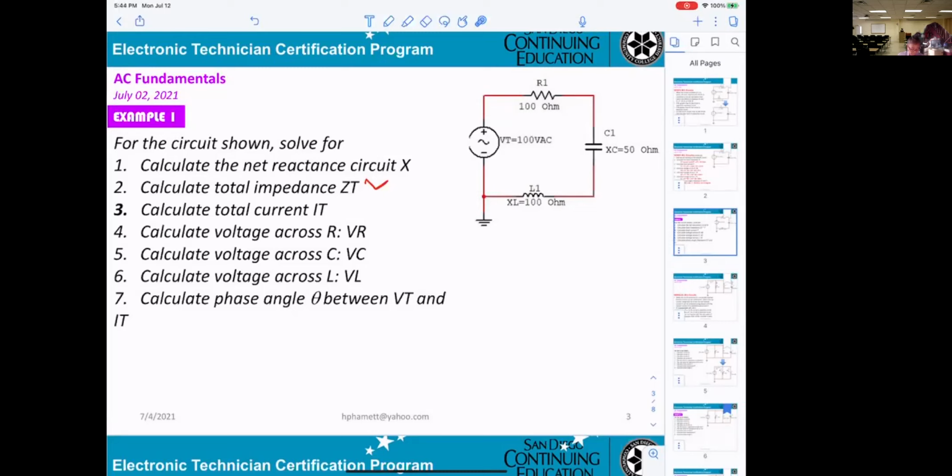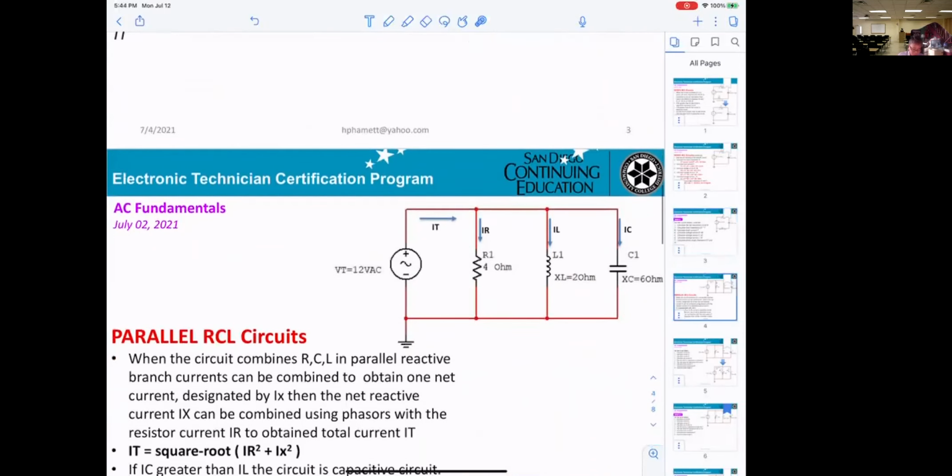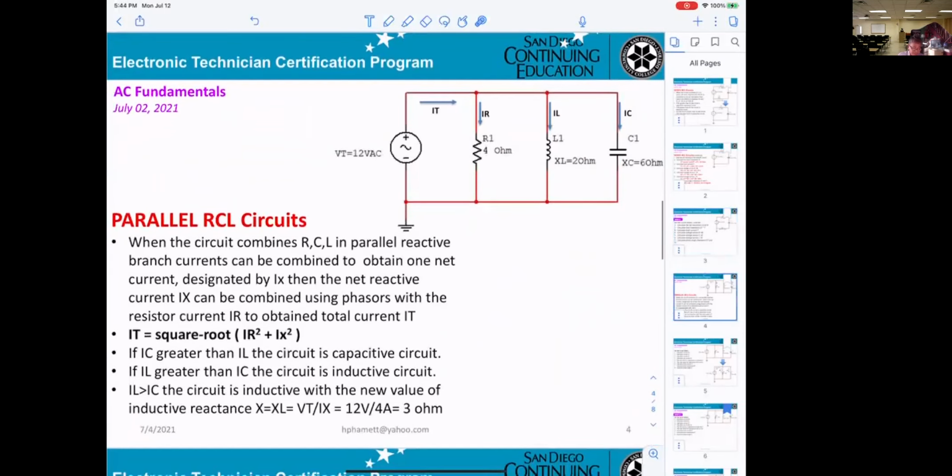So that looks easy for you guys now. So the next one is the parallel RCL circuitry. And you understand for parallel, okay?